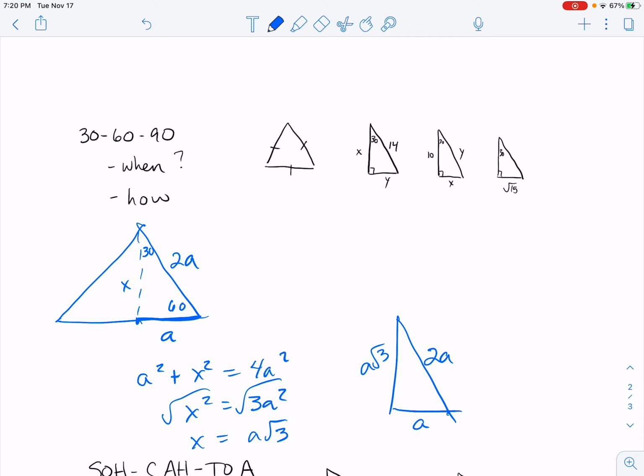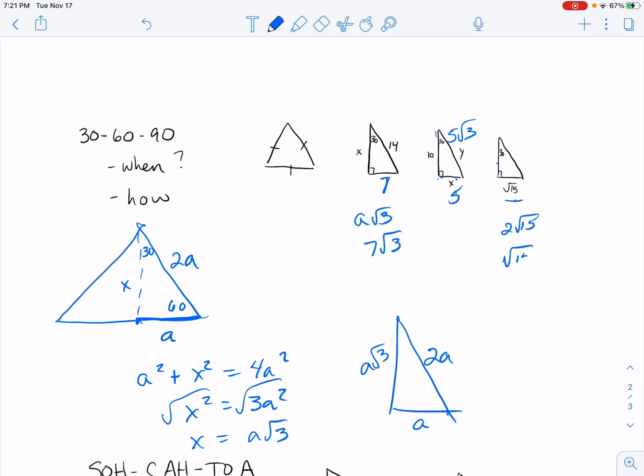Okay, so if I know this is 2a, then this side is half of that, which is 7, and we know a times root 3 is that side, so you get 7 root 3. Okay, this is the long side, it's 2a, so this is 5. That makes this side 5 root 3. This is the short side, you multiply it by 2 to get the long side.